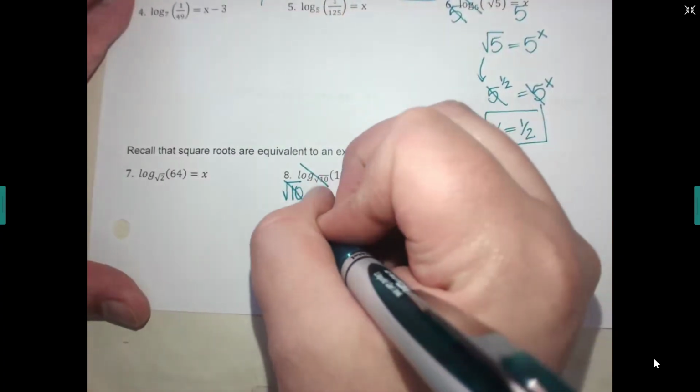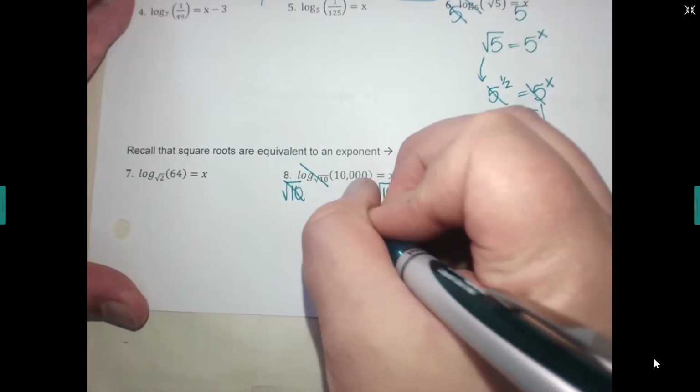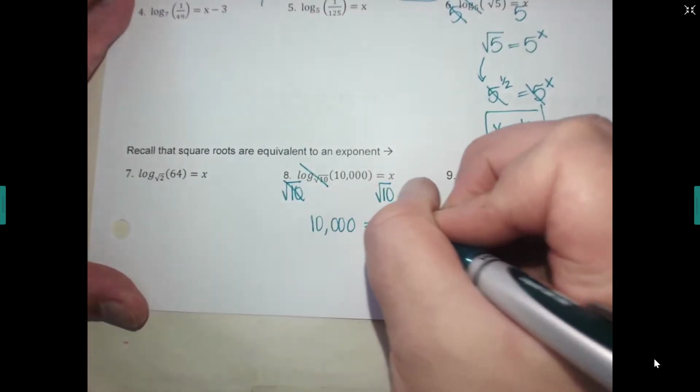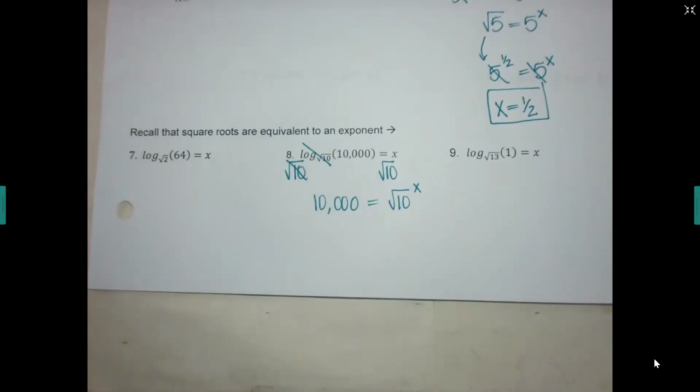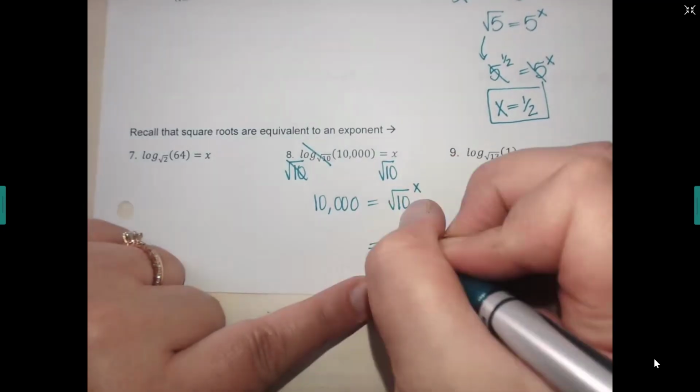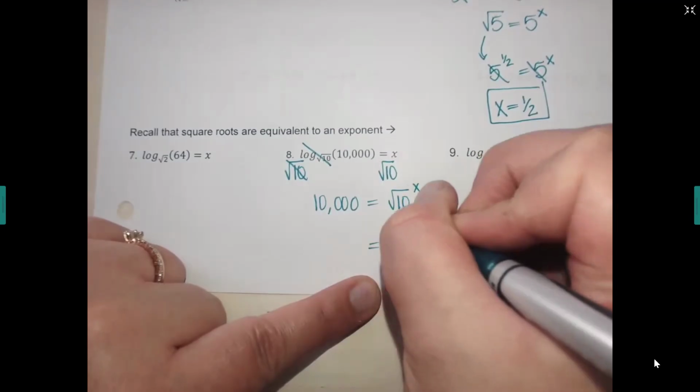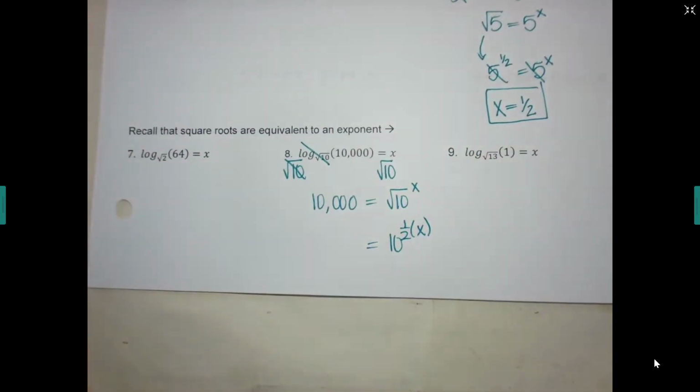I'd just keep the 10,000 equal to the root 10 to the x. Now, for the 10, if it's in a square root, that means what power is really there that we just used? A half. So this is really 10 to the half x in parentheses.